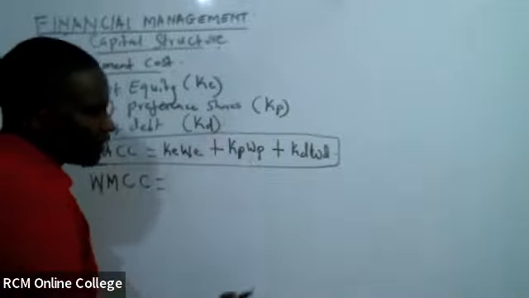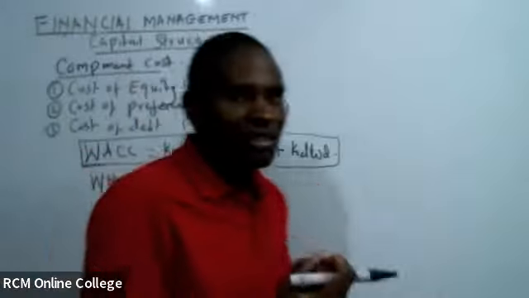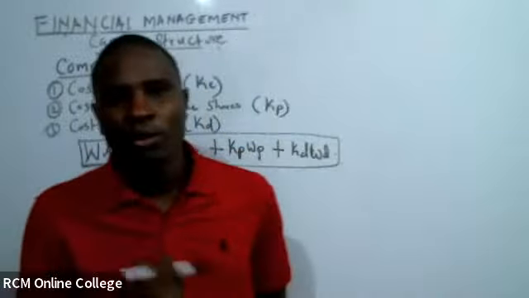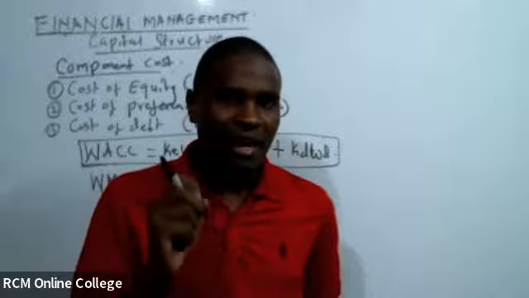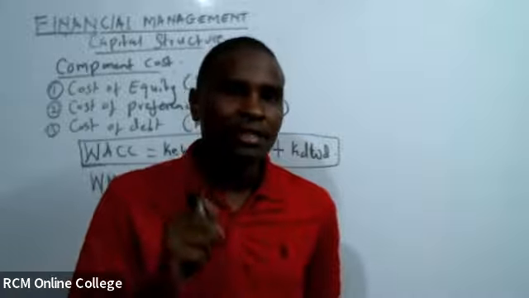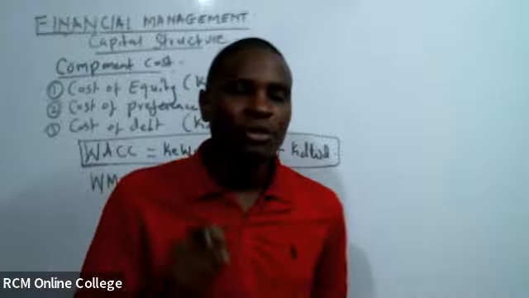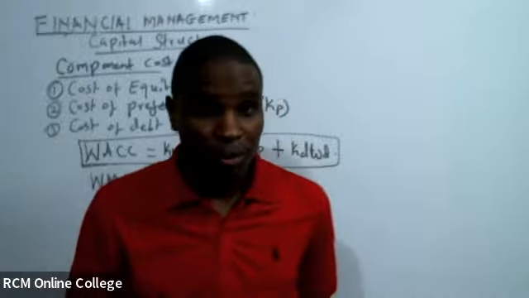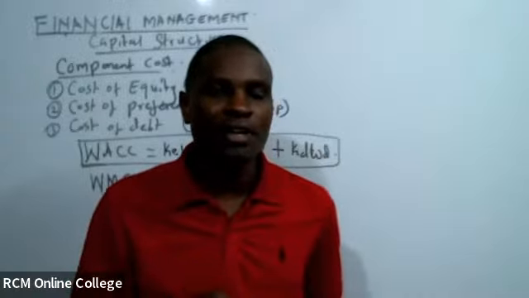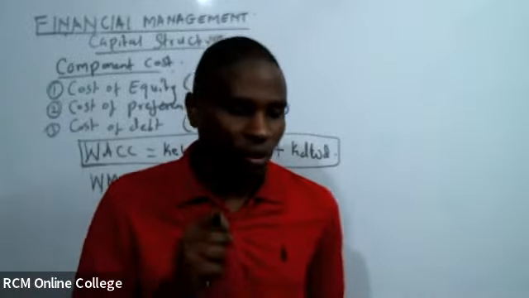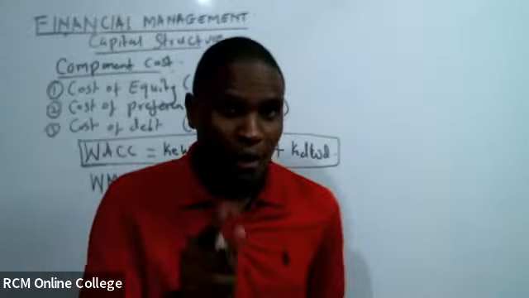Class, remember, under the weighted average cost of capital there are items that we ignore, for example retained earning. It is ignored when computing the weighted average cost of capital. Do not include retained earning when computing the weighted average cost of capital. Why?